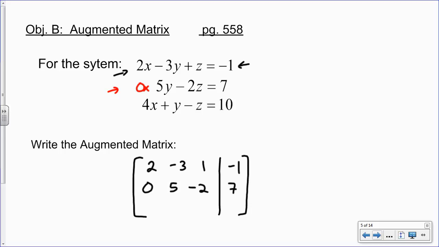And then go ahead and write out the third row there. So that will be 4, 1, negative 1, and 10. So that's what an augmented matrix is.